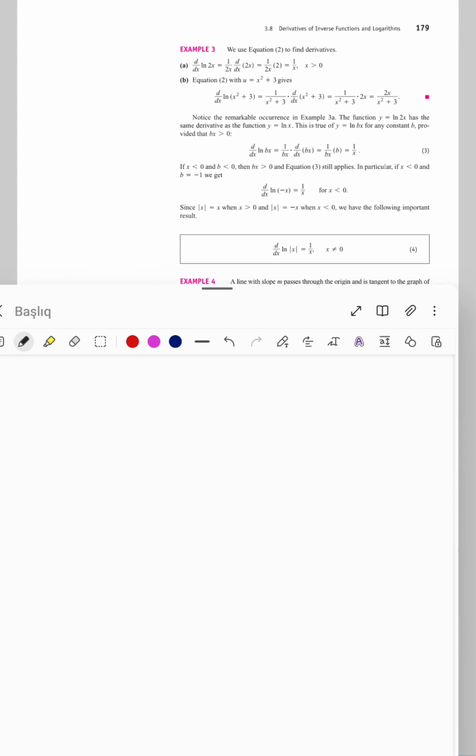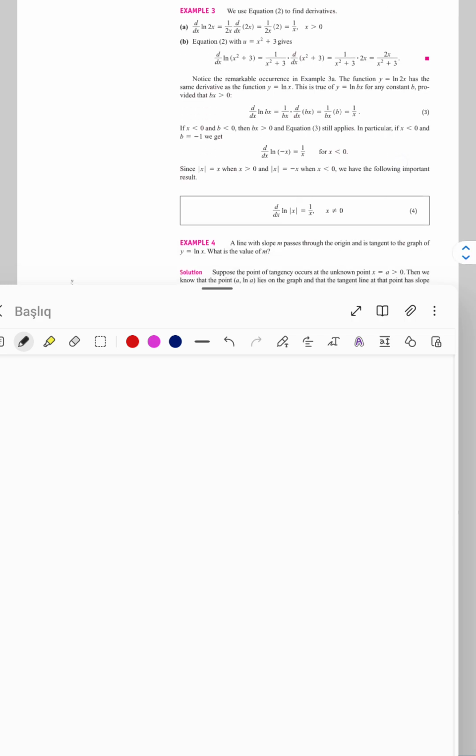But one interesting thing in here is the modulus function. Since modulus x equals x when x is greater than 0, and modulus of x equals minus x when x is less than 0, we'll have a nice result.